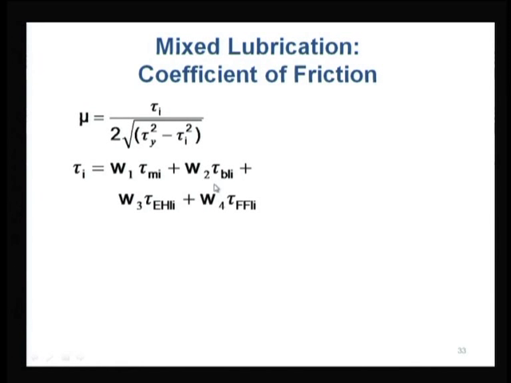Then comes boundary lubrication, which can be estimated. However, if we are not 100% sure, we can use some software to do iteration to find W1, W2, W3, W4 by collecting experimental data.